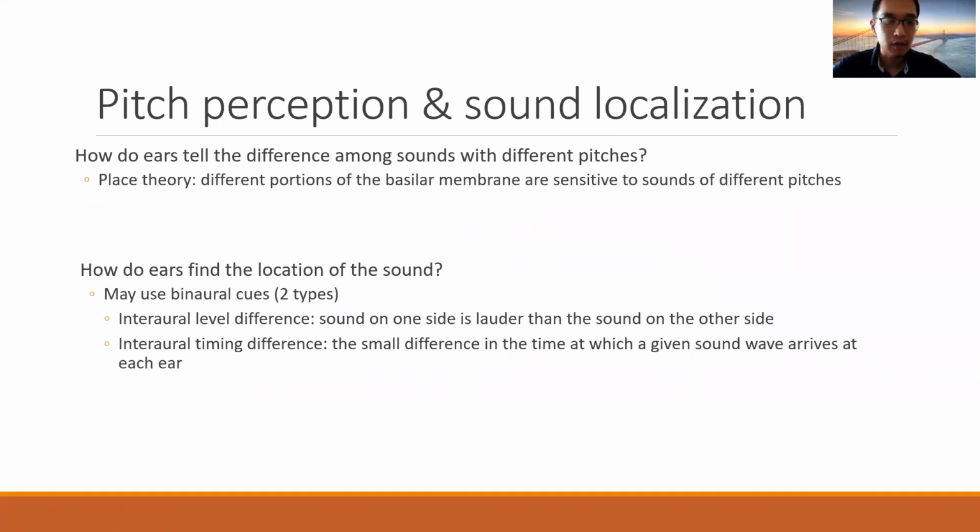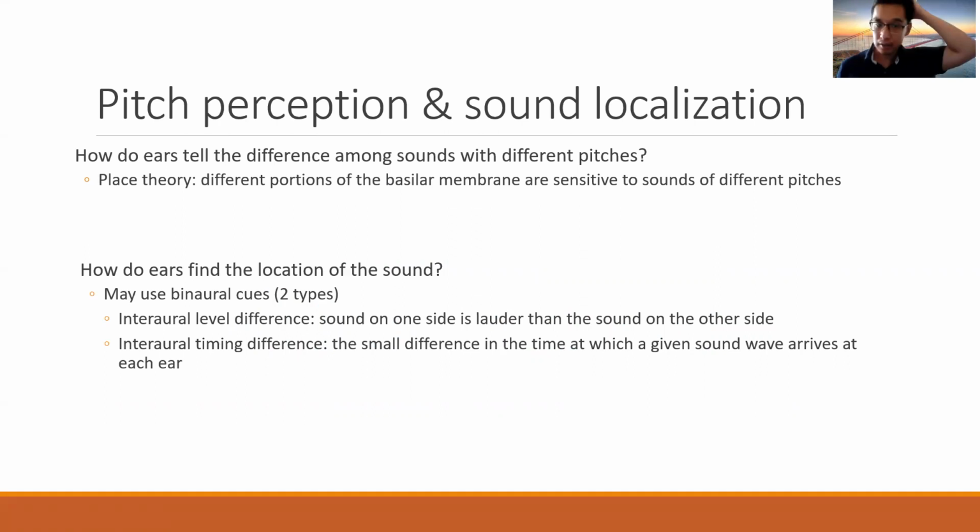Another question: how can the ears tell the location of the sound? Sometimes we can tell where the sound is coming from, which direction at least. How do we tell that? That relies on perception, not sensation.